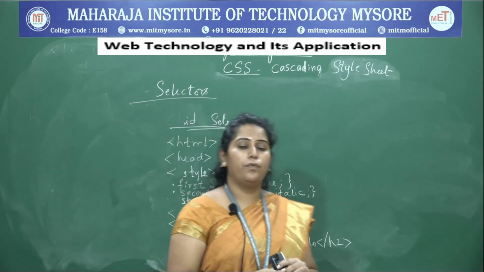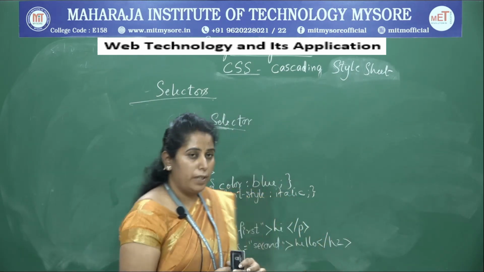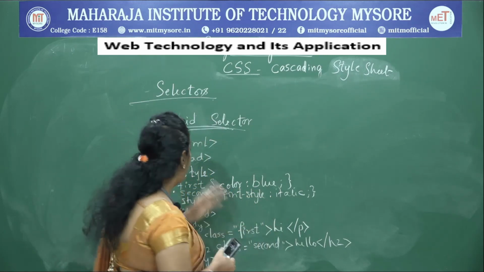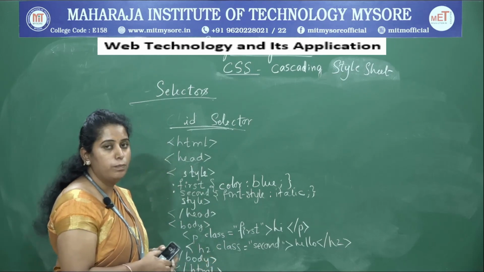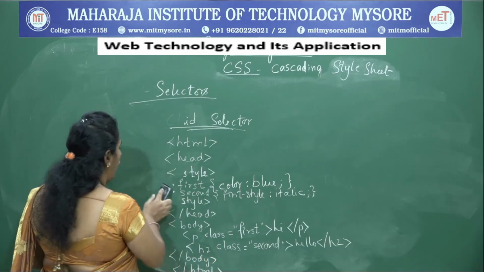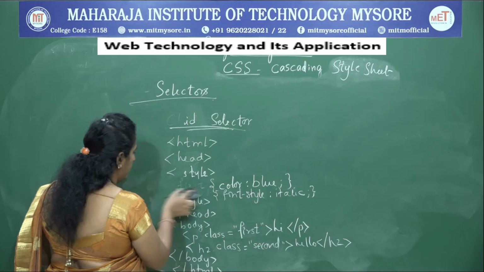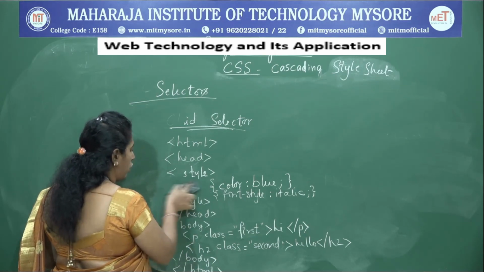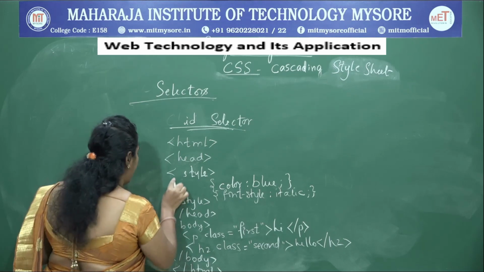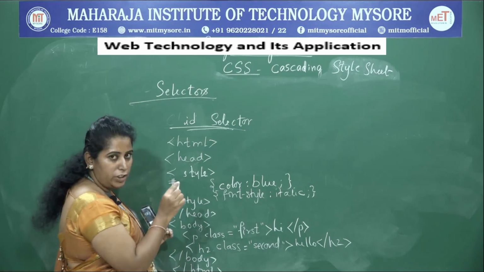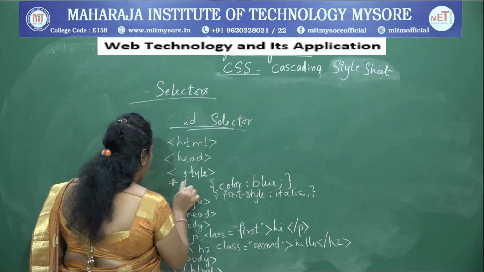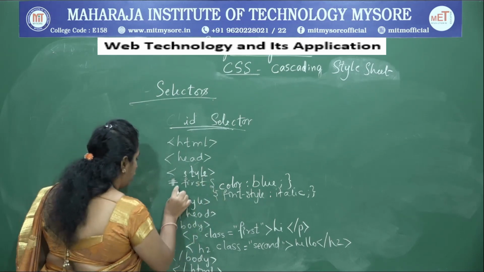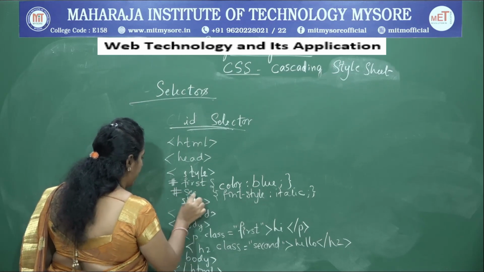It is also the same as the class selector. Instead of that, we will make use of an ID attribute. For the same program, I am going to make some changes. How? For a class selector, we begin with a dot, right? Whereas in ID, we begin with a hash. So hash, I am going to give first, hash second.